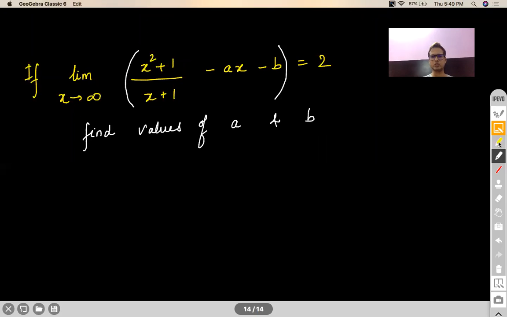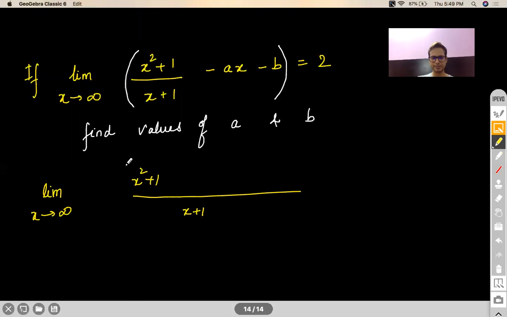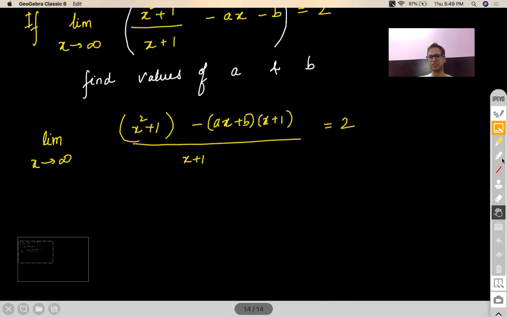Let us solve this question. Now see, first let me take the LCM. Let me bring it to infinity by infinity form because then we'll have a better control on it. This is what is given to us.